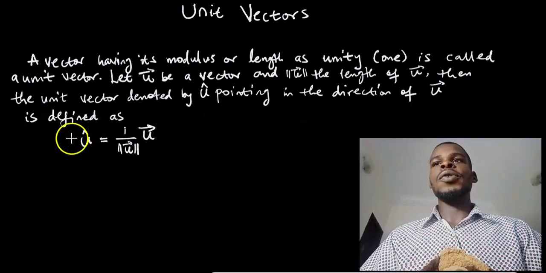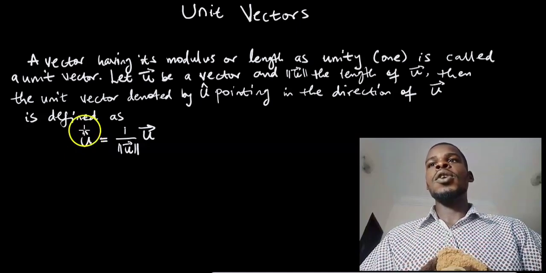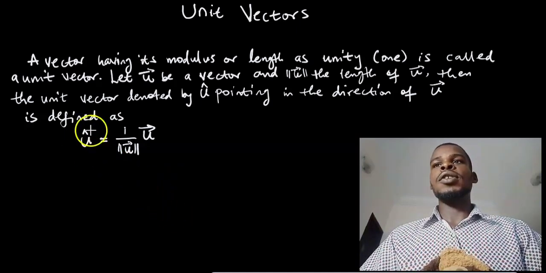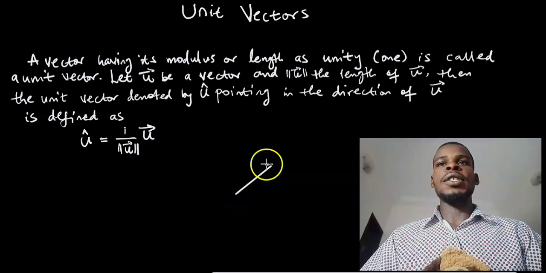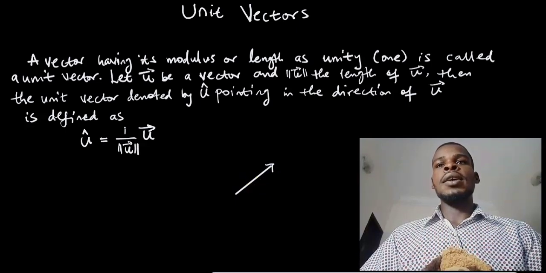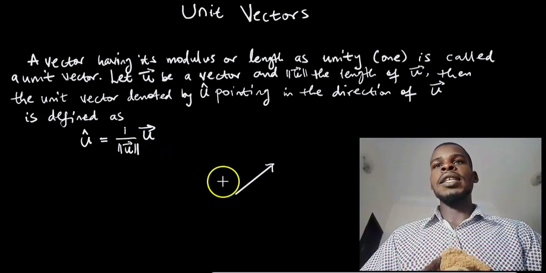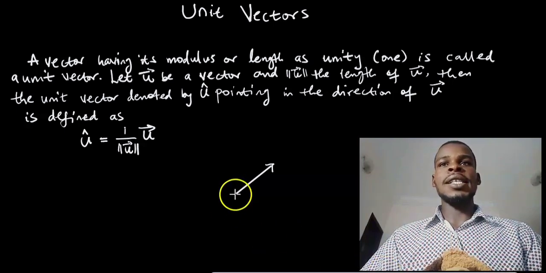The notation for a unit vector is, for example, u with a little hat above it, which means the unit vector pointing in the direction of vector u. So this is the explanation. If we have vector u pointing in this direction, such that the length of vector u is not 1, let's say it's more than 1, then the unit vector pointing in that direction will be a vector whose length is 1 and which points in the same direction as vector u.